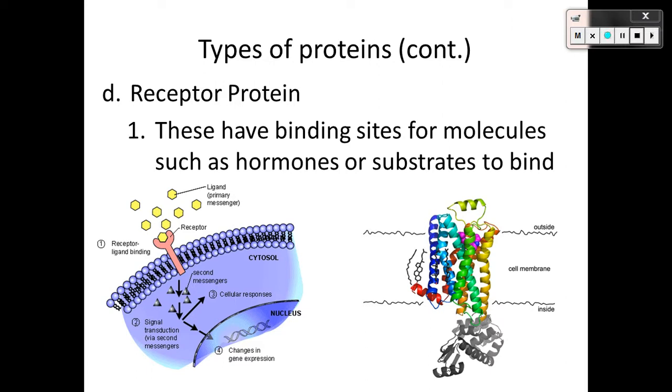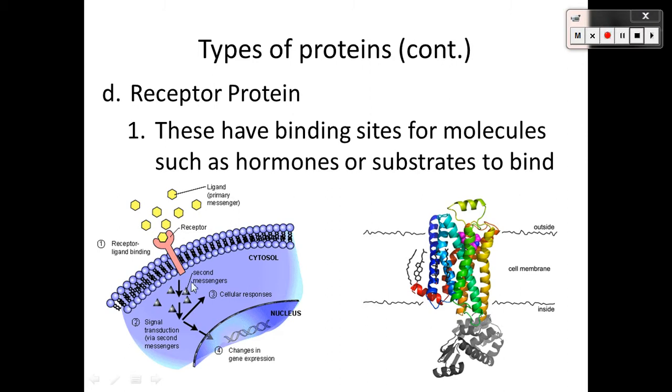Because when particles come along, if they are the right shape to fit in our receptor protein, they're going to bind. And when they bind to that receptor protein, instead of coming through into the cell, this receptor protein is then going to send a message. It's going to send a chemical message that's going to float into the nucleus of the cell and tell my cell that it needs to do something.